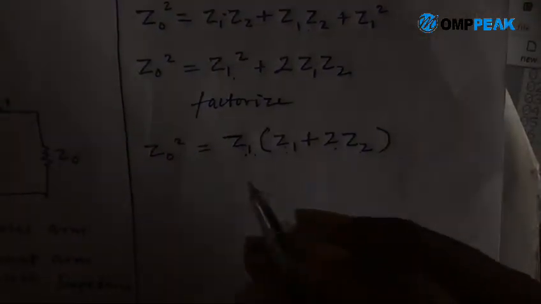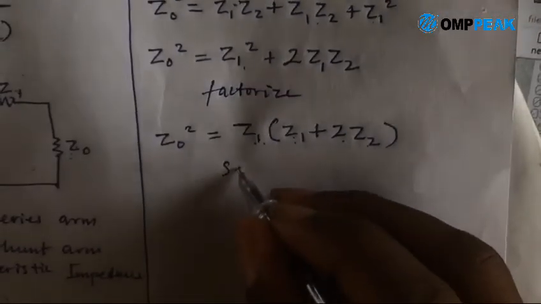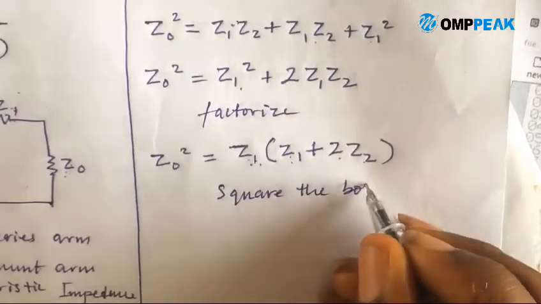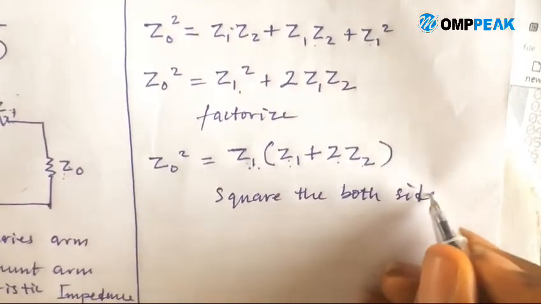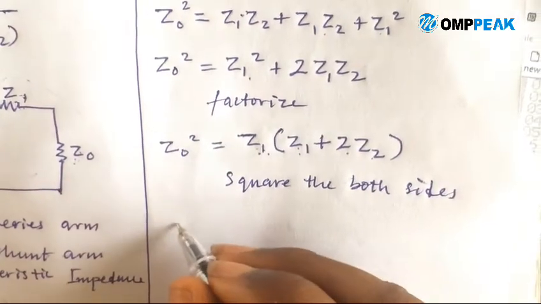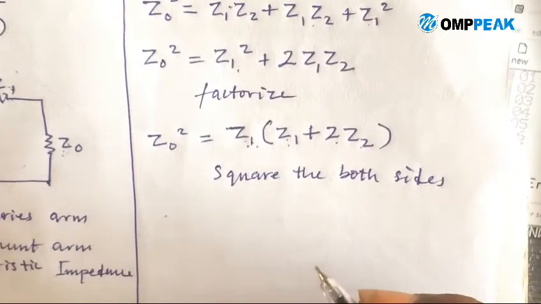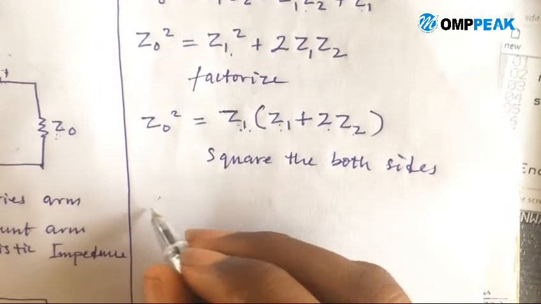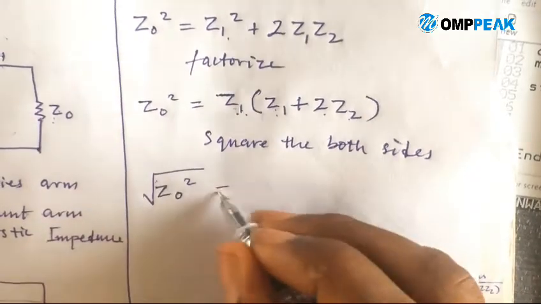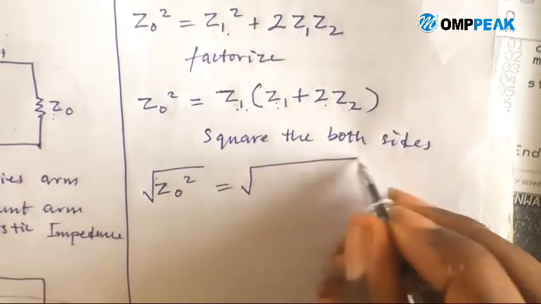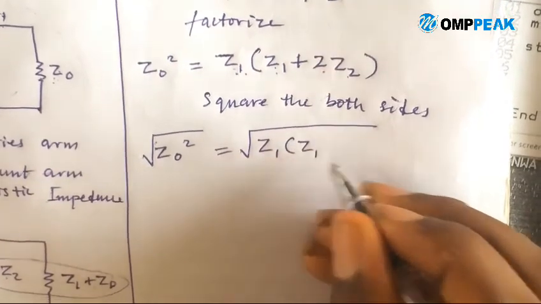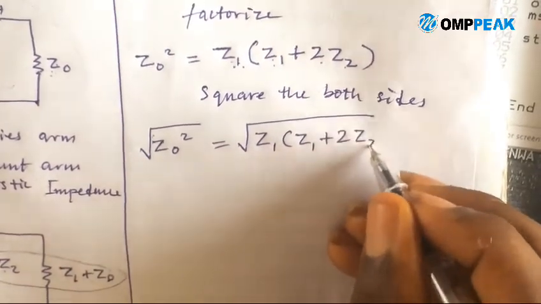Now what are we going to do? We are going to square both sides. When we square both sides, it will now be Z0 square equal to Z1 open bracket Z1 plus 2Z2.